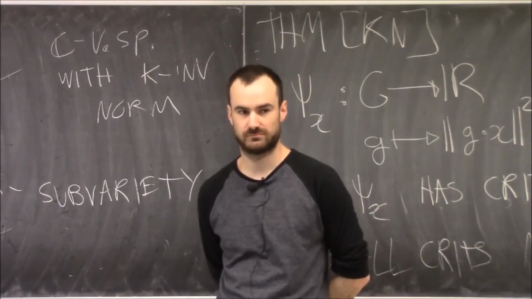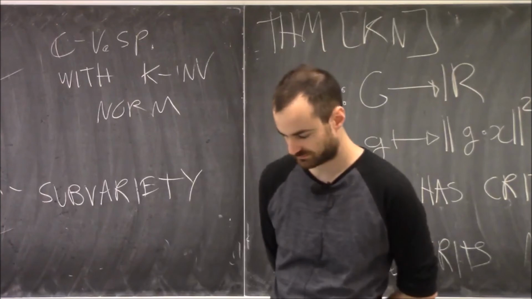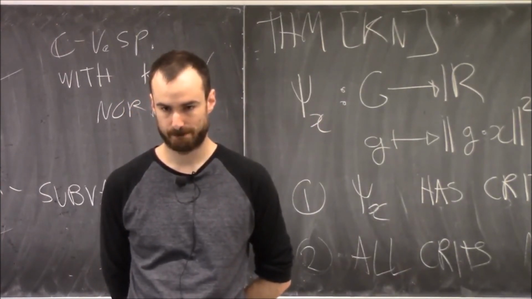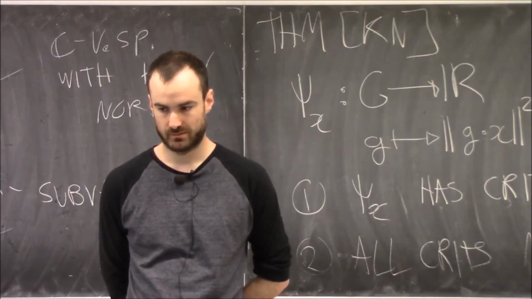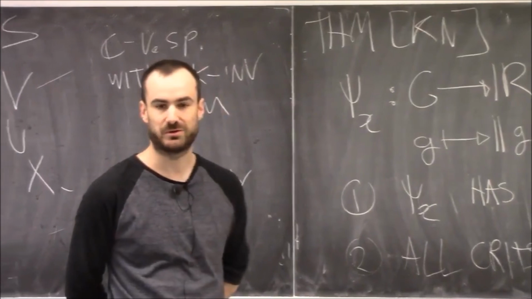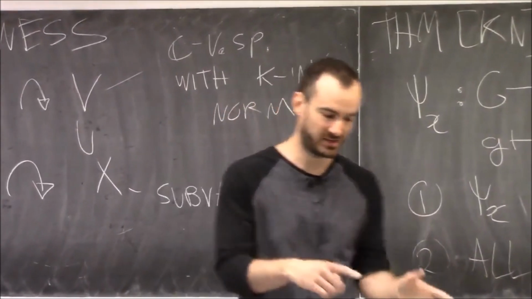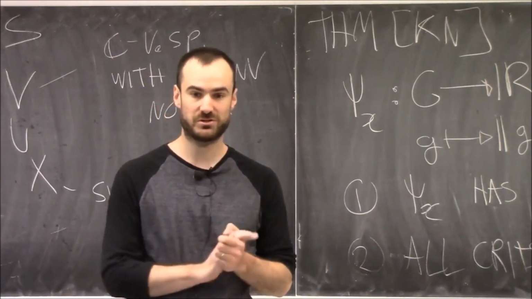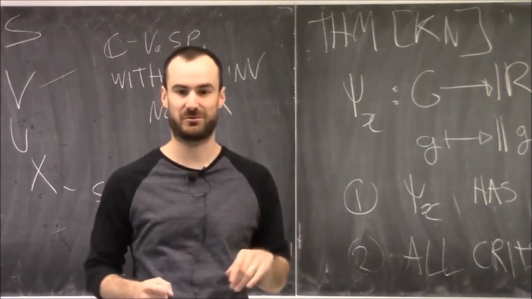Okay, good. So you mentioned GIT and Kempf-Ness, but you managed to get through without mentioning stability. How did you do that? Well, because I'm only talking about closed points. Affine GIT and projective GIT are two different beasts. If you're talking about affine GIT quotients, you can kind of sweep stability under the rug.